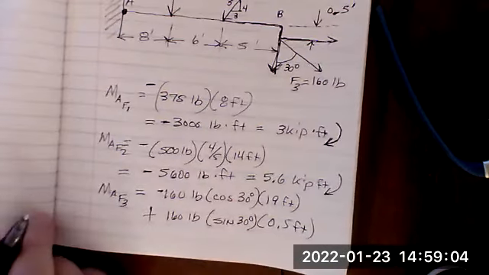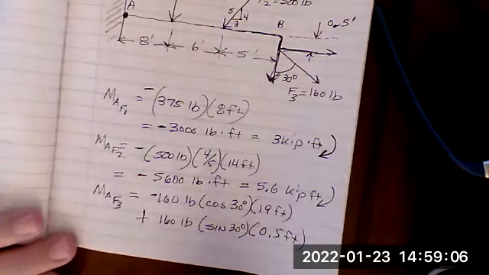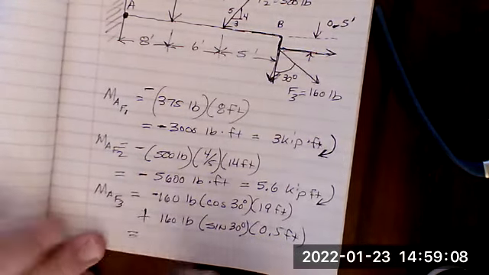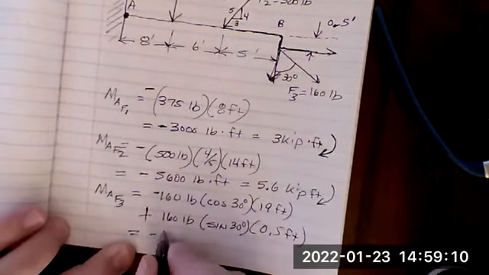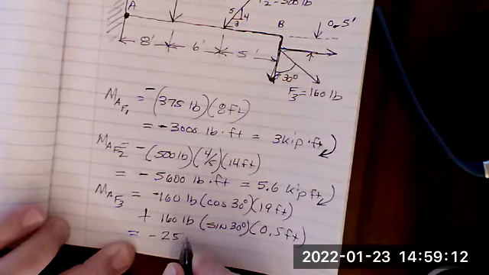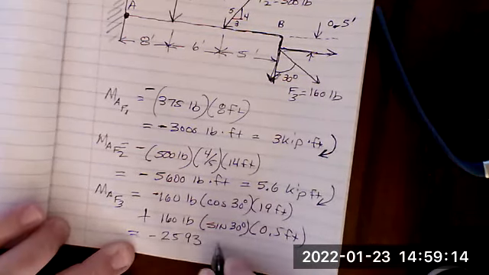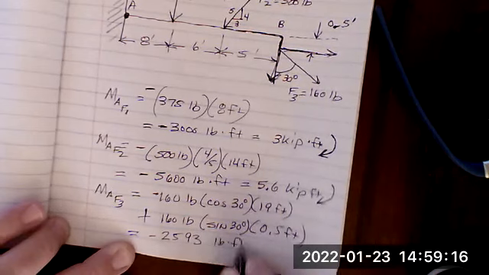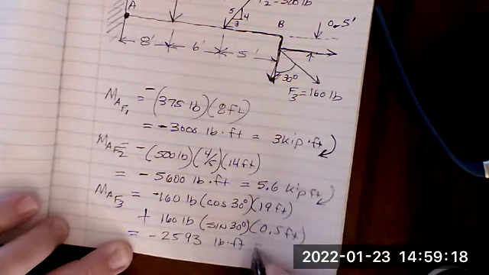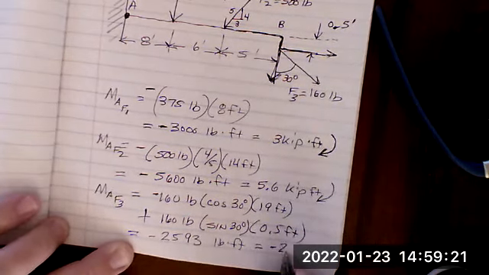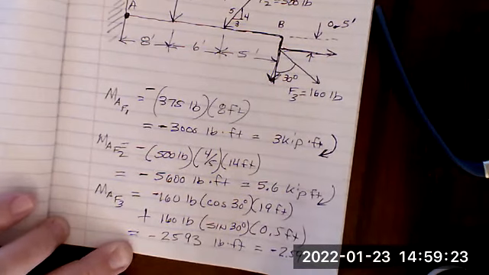And when you do this, you're going to get equals a negative 2,593 pound-foot, which is equal to a negative 2.59.